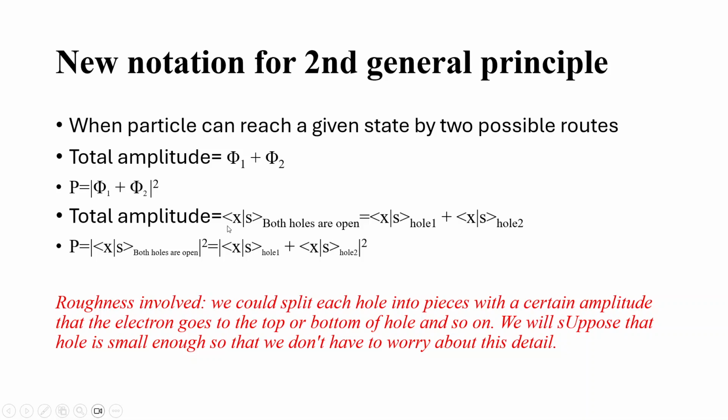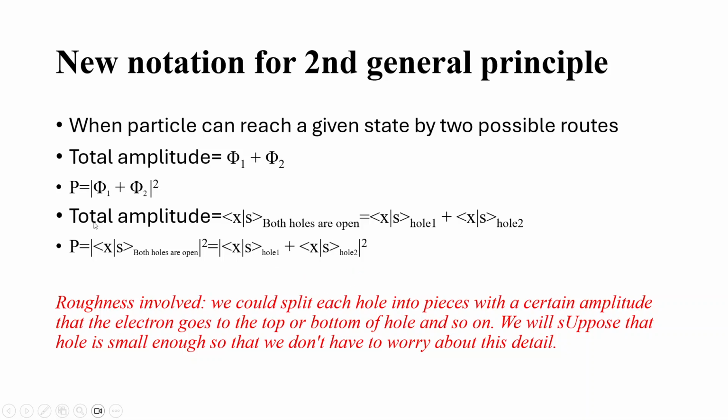So total amplitude in Dirac notation can be given by this. This starts from S and ends at X. Now, in terms of holes, this one travels from hole 1, and this one travels from hole 2. So these are the Dirac notations. Now, this is also Dirac notation, and we already have the absolute square.